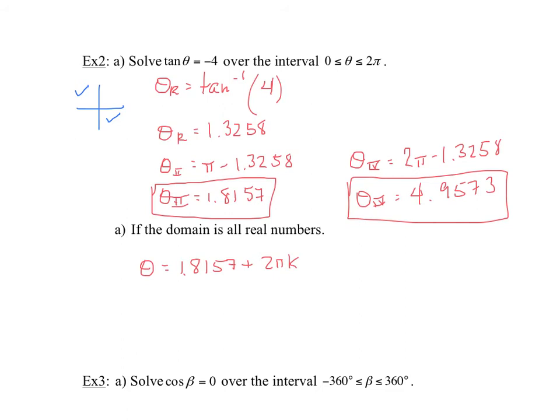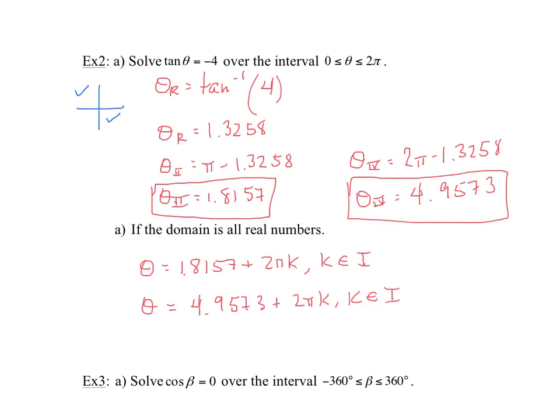You're adding an unknown number of revolutions to land on every possible answer, and that works if k is an integer. We use the letter I to represent integers. We do the exact same thing for the other one, 4.9573, and you add 2 pi k, where k is an element of the integers.